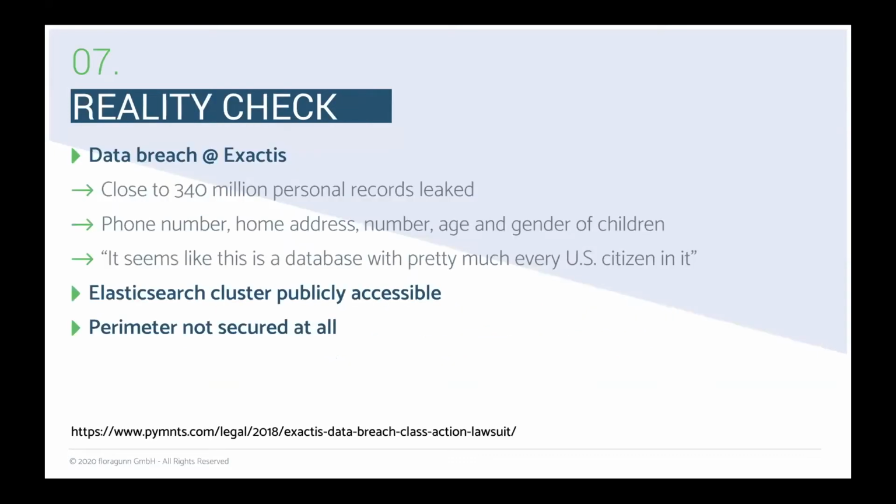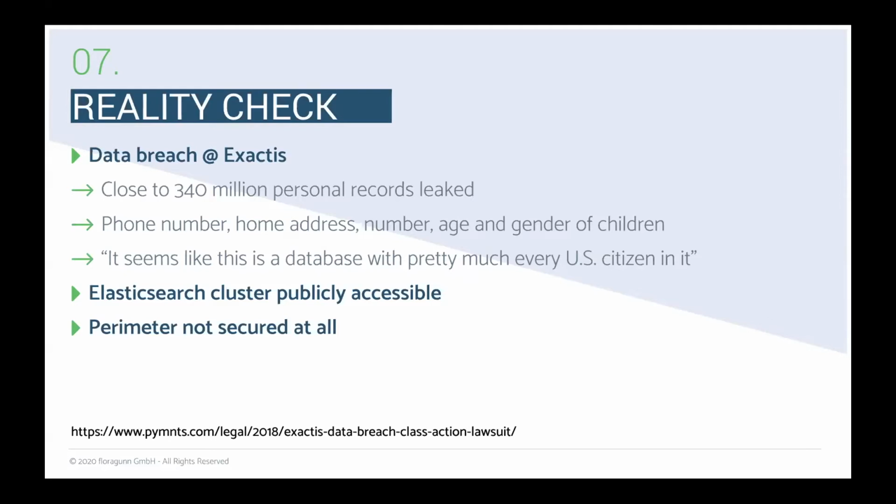So let's do a quick reality check here. And these are a couple of examples regarding data breaches, sometimes based on Elasticsearch, but not necessarily. Could be any other system as well. Could be, I don't know, could be Kafka, could be Hadoop, could be MongoDB, whatever.